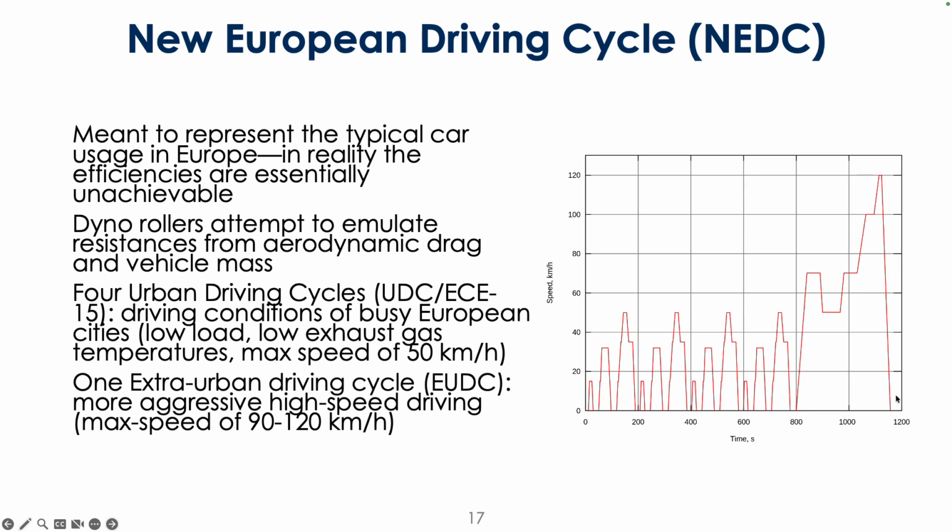And so again, just to reiterate, NEDC is an outdated test cycle, no longer being used. One of the biggest flaws is how different the efficiency numbers coming out of this test cycle were compared to what people were getting in reality.